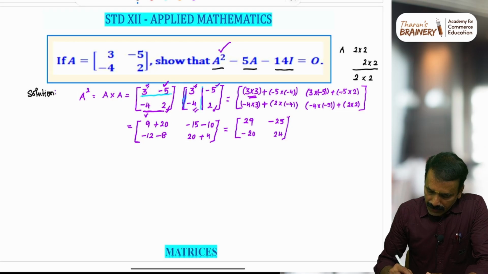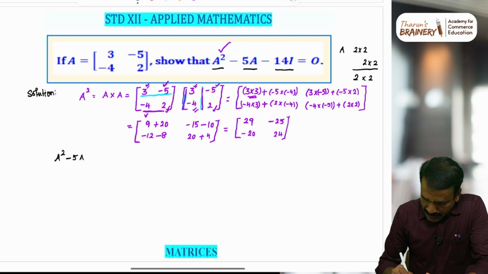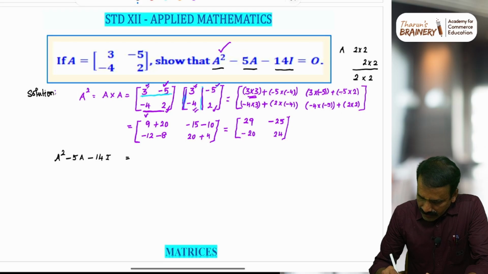Now I am going to find the expression. A square minus 5A minus 14I. A square value we simplified, no problem. 29 minus 25, minus 20 plus 24.